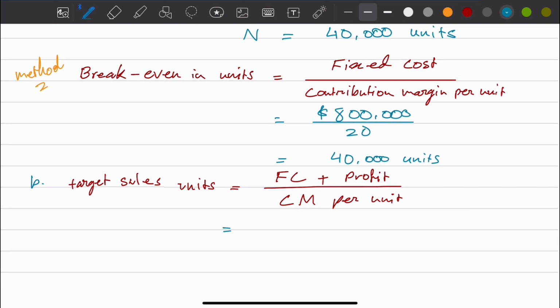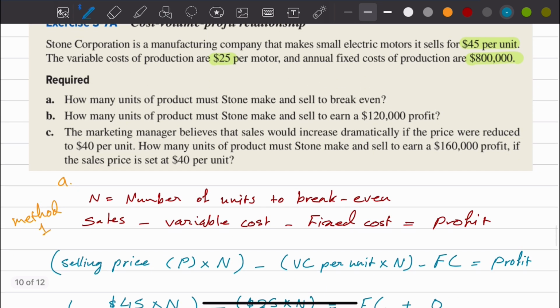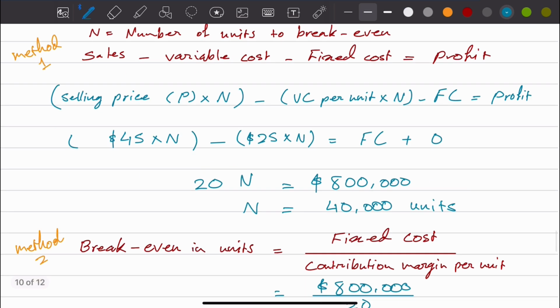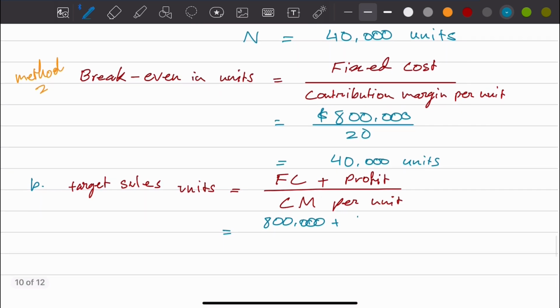So the fixed cost is still the same, 800,000, and the desired profit is 120,000. Okay, so we're going to add that and divide both by the contribution margin per unit, which equals 45 minus 25, which is 20.